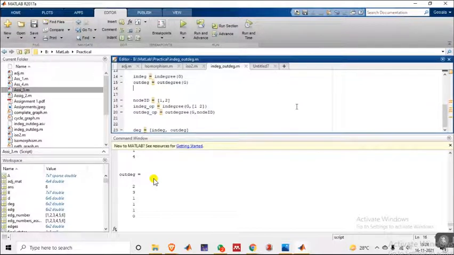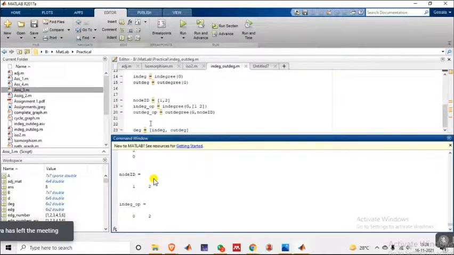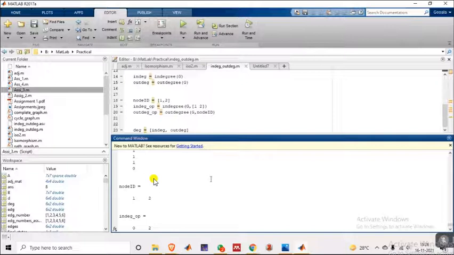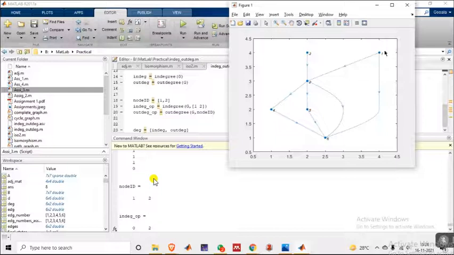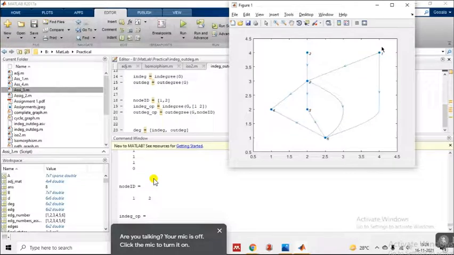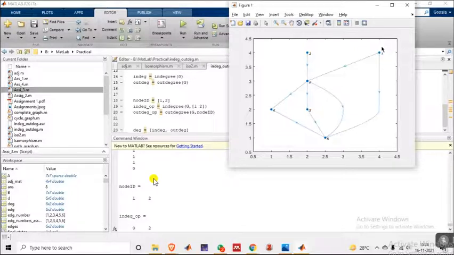So that is how you will be calculating the in degrees and out degree. Generally, degree, as we have already discussed, can be both in degree and out degree. For that, I have created this one. So there is a point 1 to 2. This is one edge, right? 1, 2 is an edge, for which the in degree of 1 is 0, the out degree of 1 is 2.